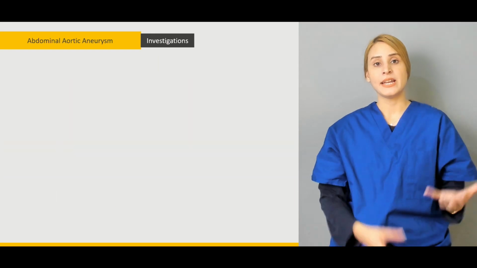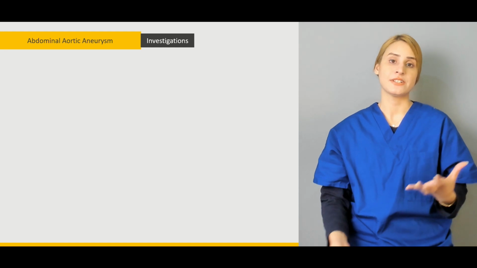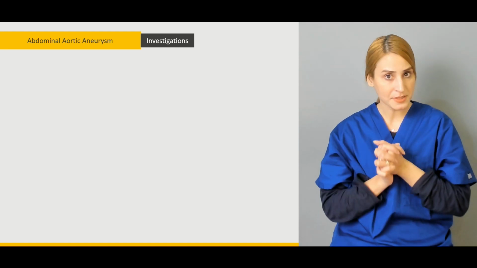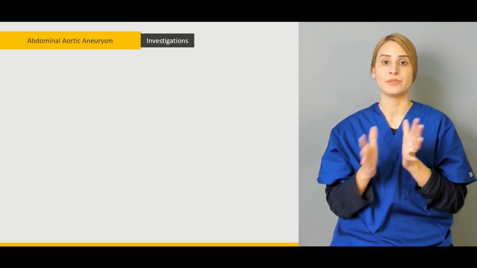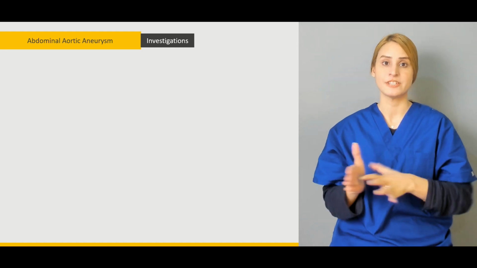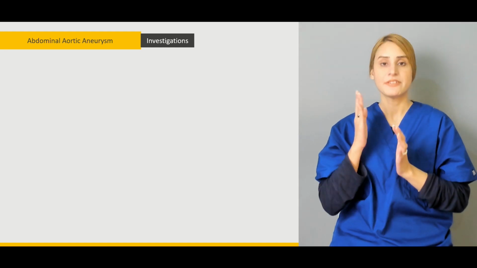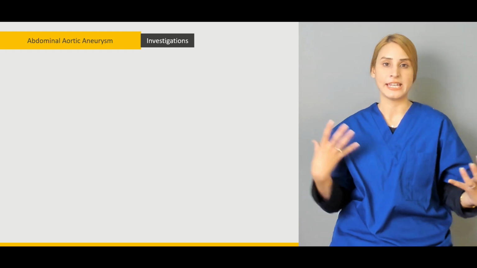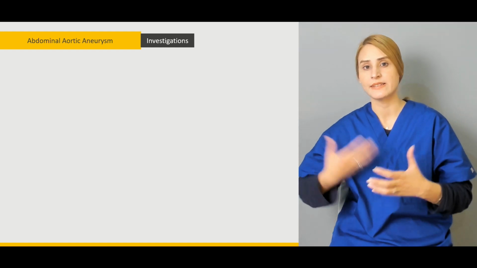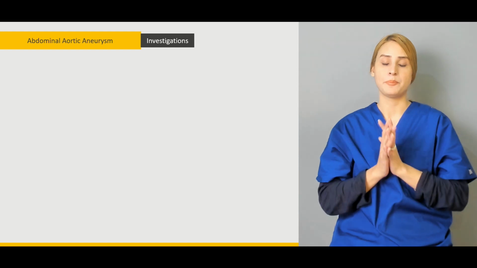Sometimes those patients who are symptomatic, I have told you that there are three categories. One is asymptomatic, and then there is symptomatic, in which there's a dull ache, and the patient usually complains of on-and-off pain.